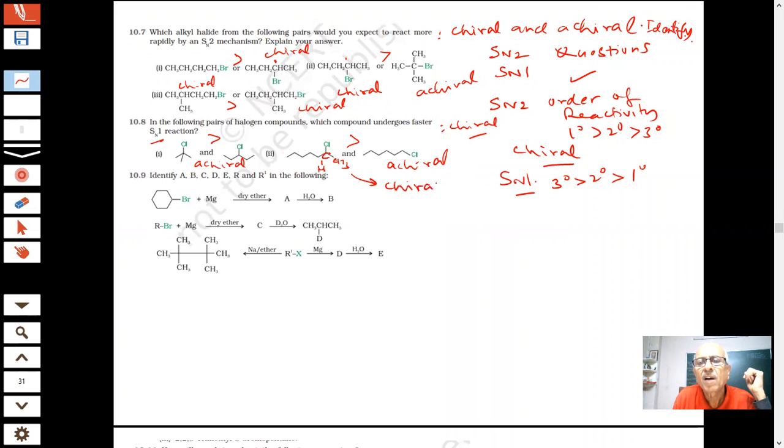Chiral, 4 different groups. This group is not the same as this ClH, so these groups are different. What is this, chiral or achiral? This compound is chiral.